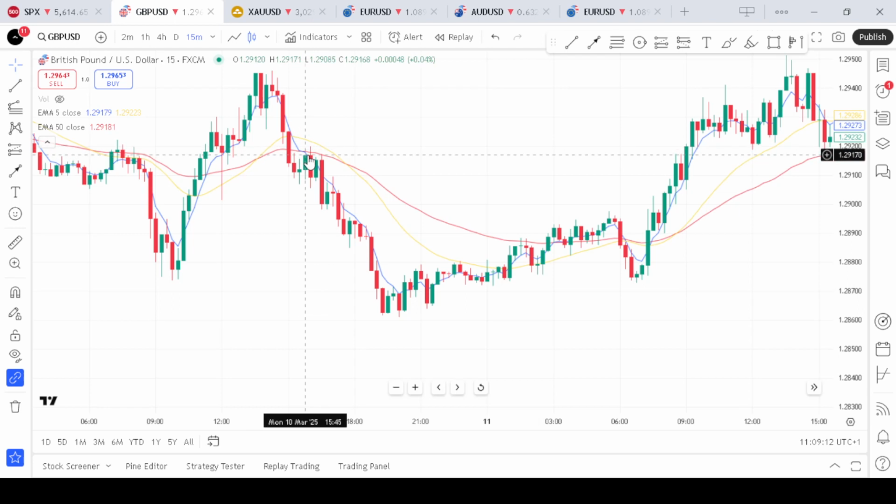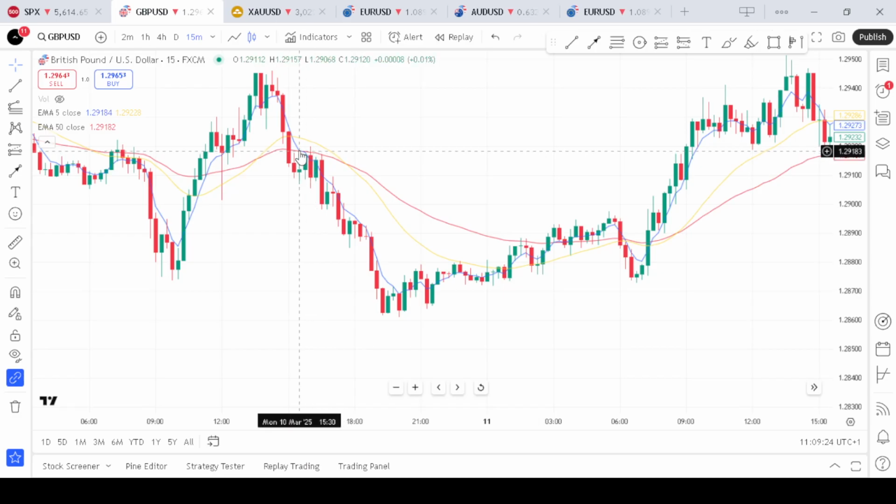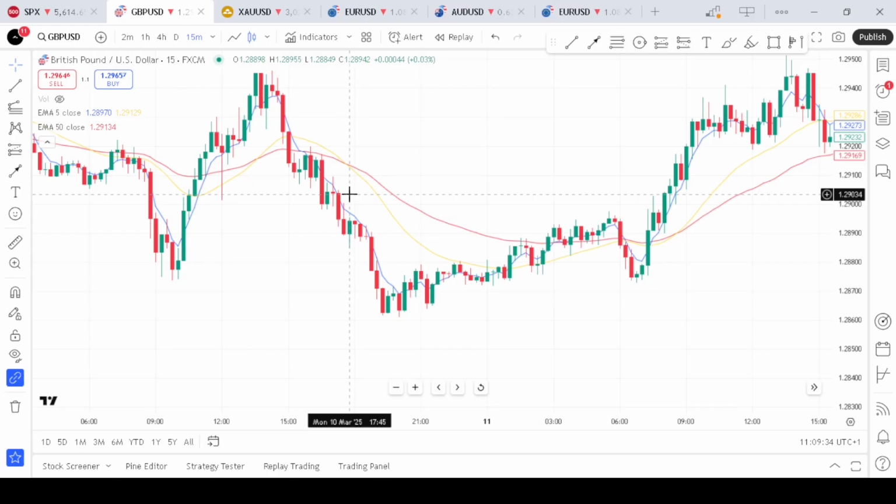When it crosses below both the 20 period and the 50 period EMA, this confirms that we are in a downtrend. Remember that price has to be trading below both the 20 EMA and the 50 EMA. This confirms our strong bearish trend, providing opportunities to sell.